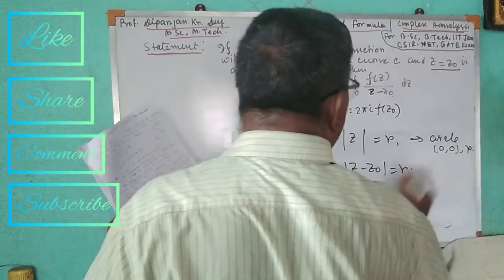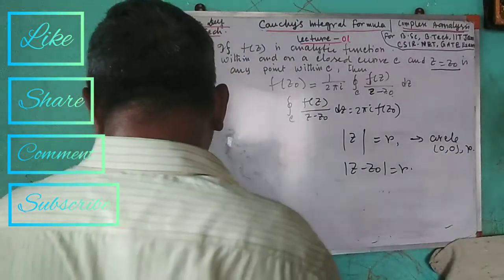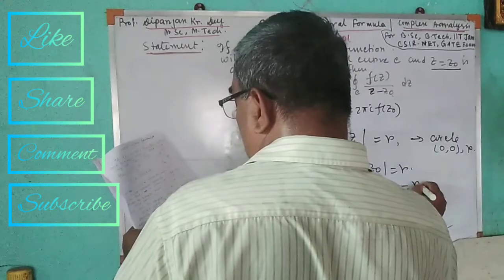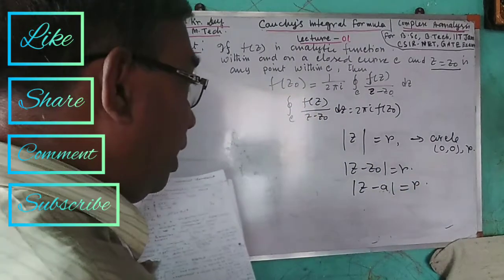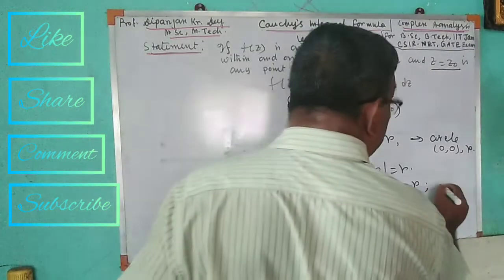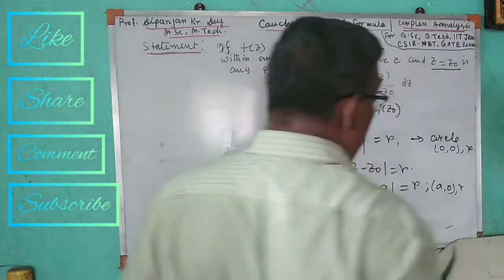It will also represent a circle whose center is z0, radius is r. Suppose mod z minus a equal to r. So this is again a circle whose center is a, 0 and radius is r.